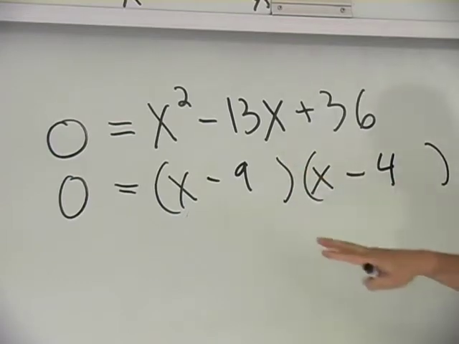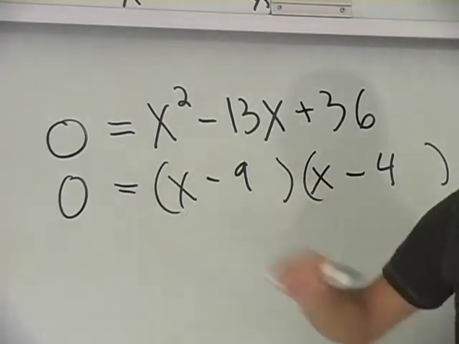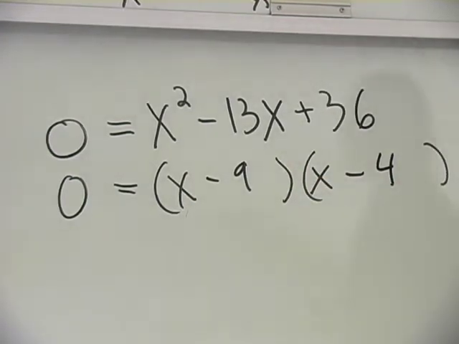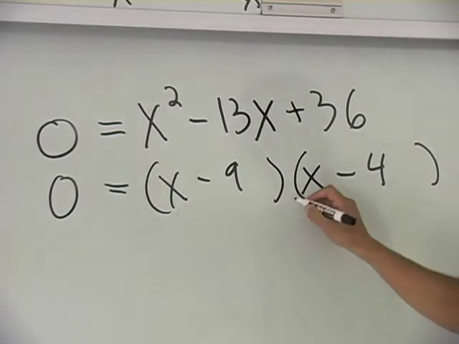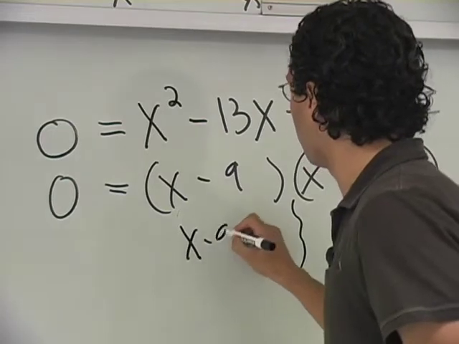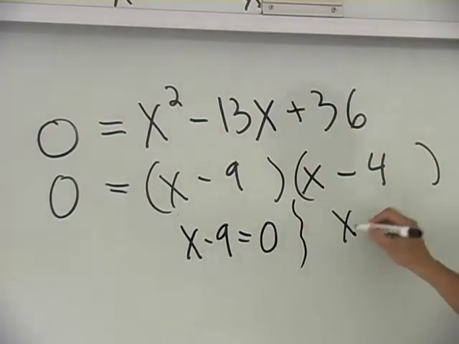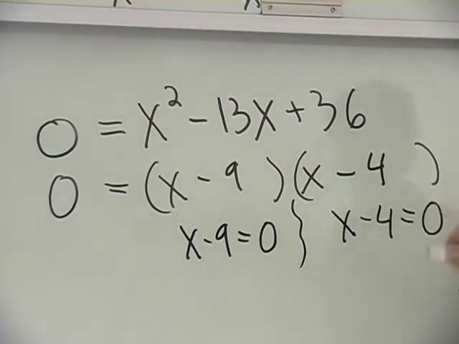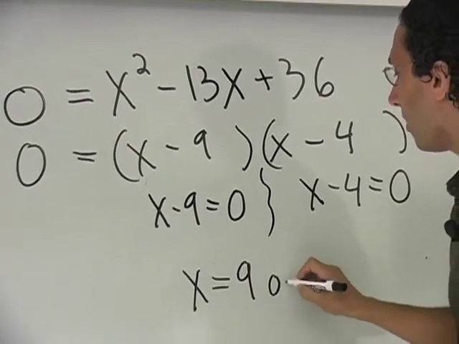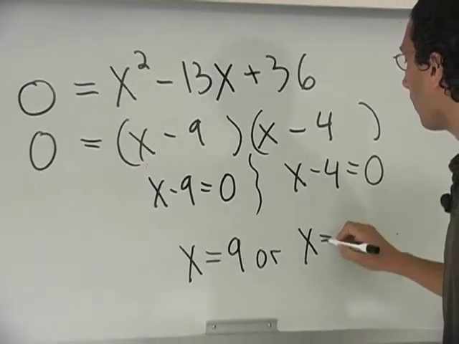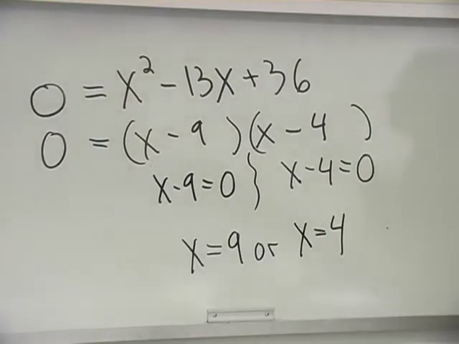So now we have the product of two things equaling 0. What this means is that at least one of those guys has to be 0. So let's set each one equal to 0. This tells us that the two possible solutions are 9 or 4.